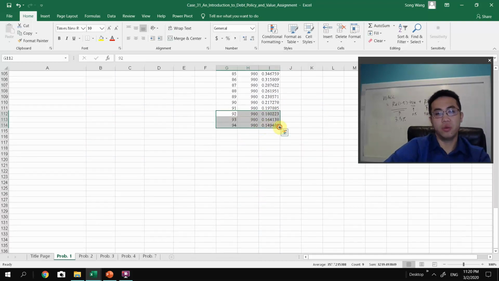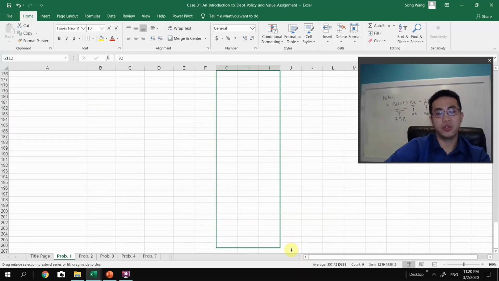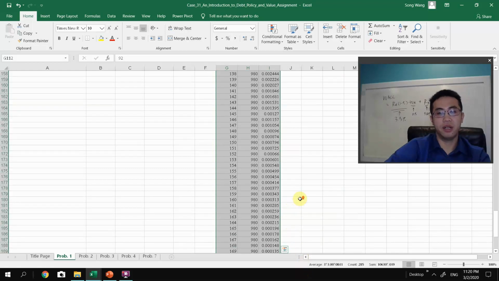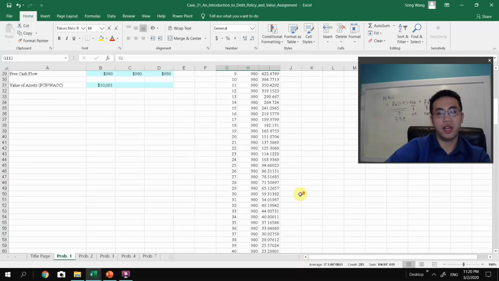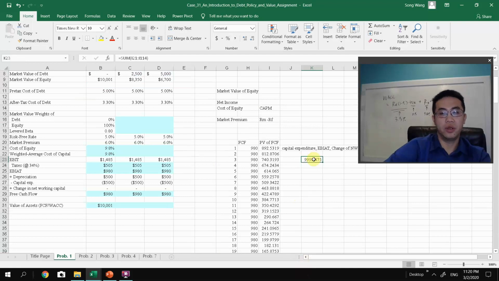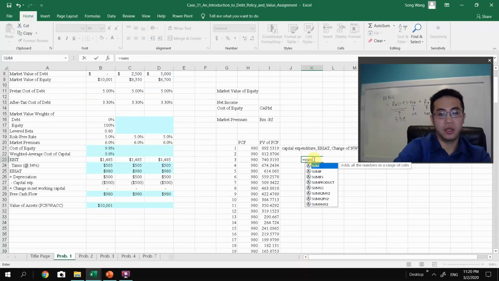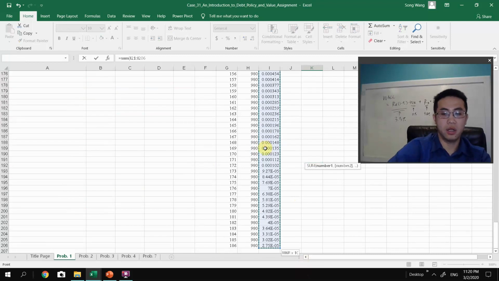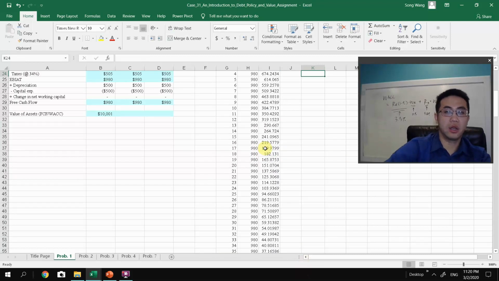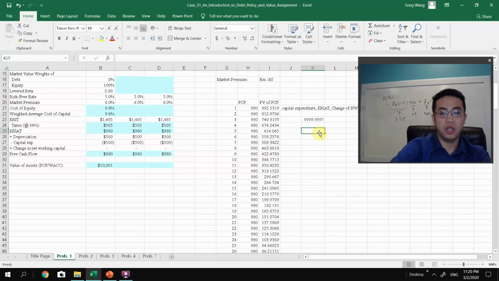So what we should do actually is to assume infinity. That means the infinite amount of years. So if I do that, then the total will be ultimately close to 10,000, or just the 980 divided by 9.8%.